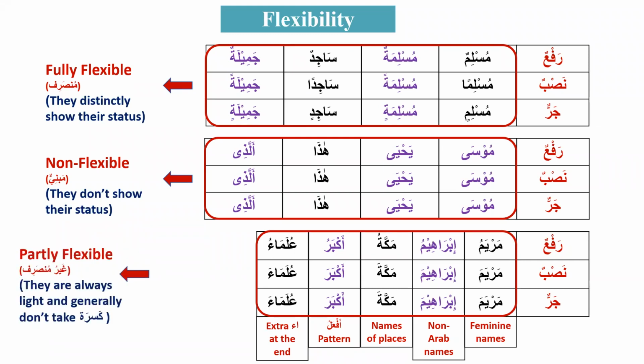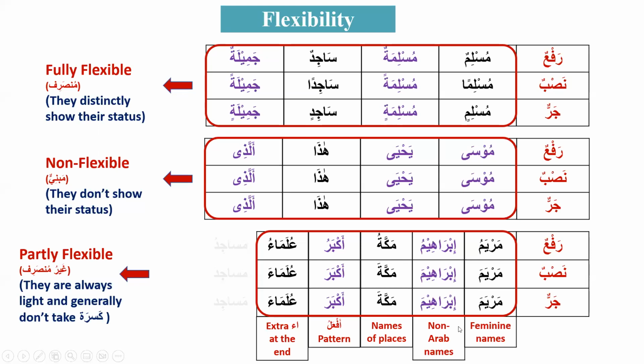They are not fully flexible, and they are not non-flexible. They are something in between the two, because they have some flexibility. Partly flexible words are always light, and they generally don't take a kasra in their jar status.